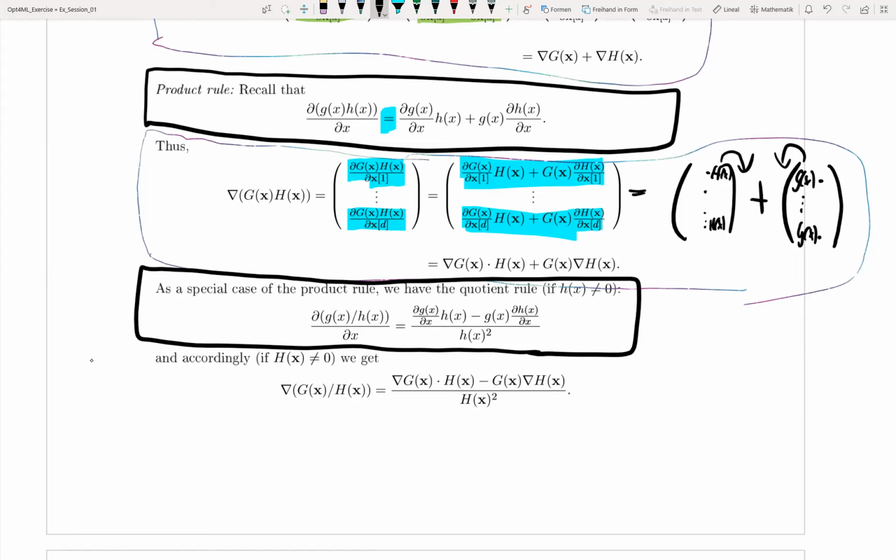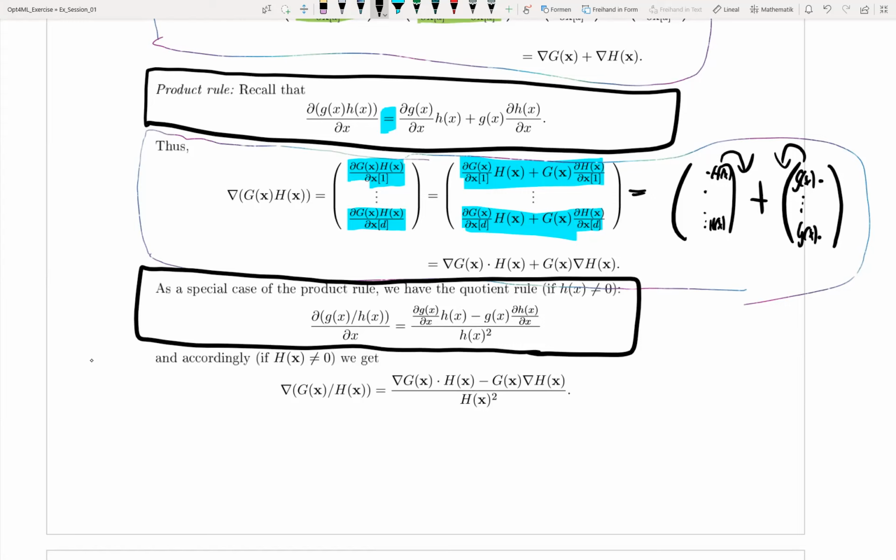It only applies in the case where the function which we are dividing with is not zero at a particular point. But let's assume this is given. Then what is the derivative of the ratio or the quotient between the functions g and h? Well, it's again a bit similar, but still a bit different from the product rule.